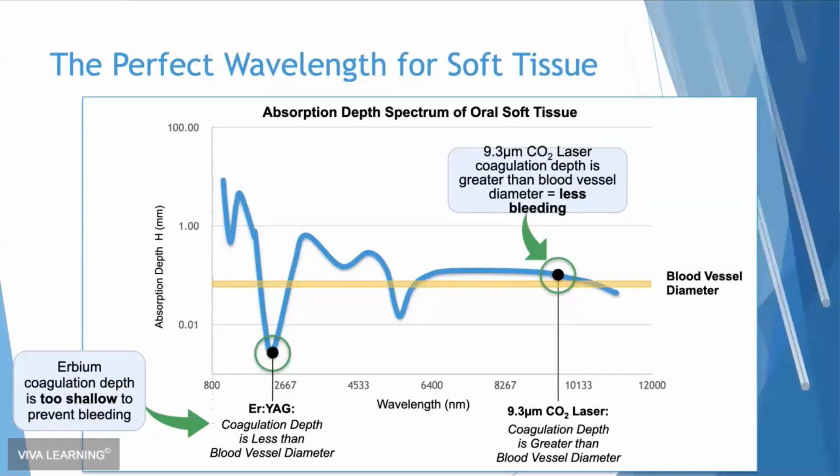So you're not going to see charring of the tissue like traditional cautery will do. And this graph is basically trying to show you that this laser is absorbed at a certain depth, which is deeper than a blood vessel's diameter. And because of that, you can cut soft tissue without making it bleed, because there's so much shrinkage of collagen around the vessel.